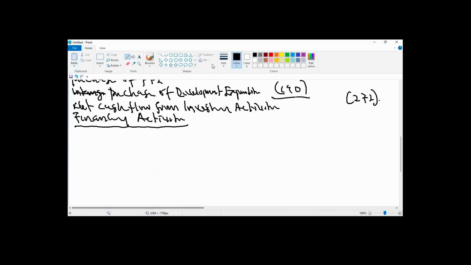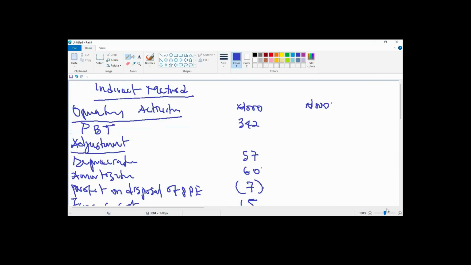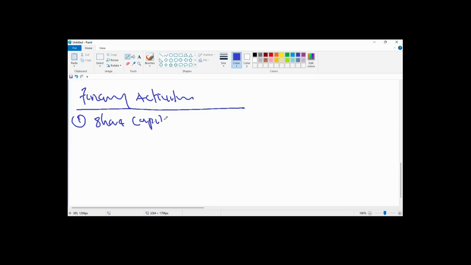Don't forget, financing is just six items. What are the six items? 1. Share capital. 2. Share premium. 3.